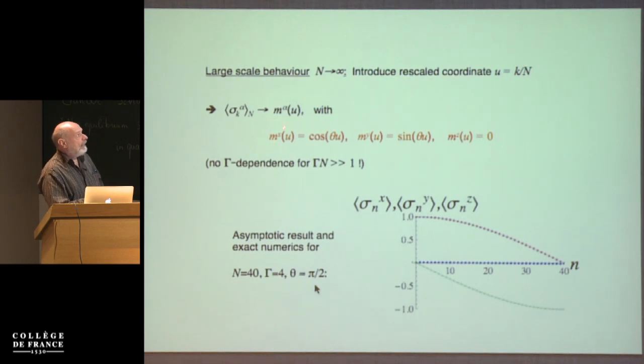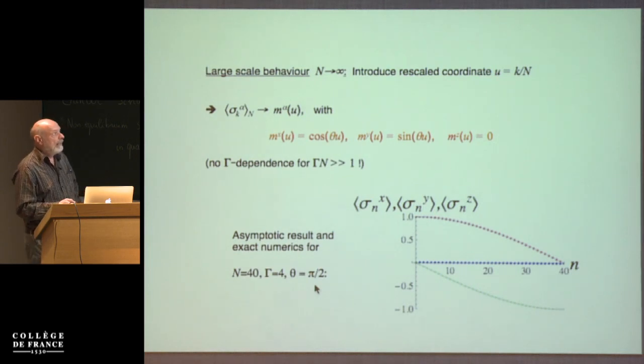And specifically, the x component will be cosine theta u, the y component will be sine theta u, and the z component will just be 0 in this limit, where n goes to infinity. And it does not depend on this gamma, as long as gamma is just a finite number, or gamma n is larger than 1. That's why I didn't talk too much about gamma, the coupling strength.